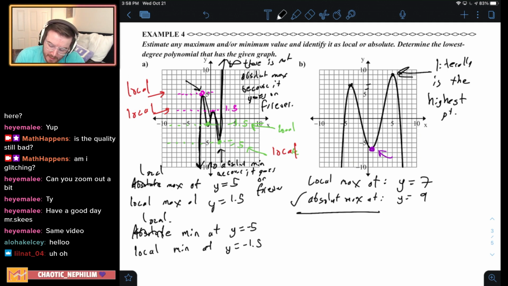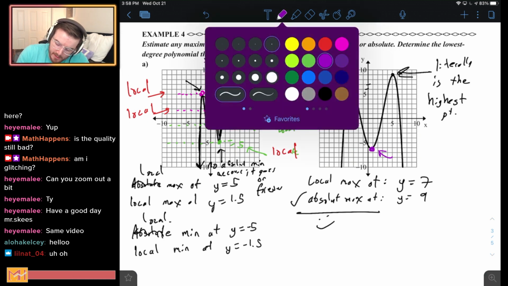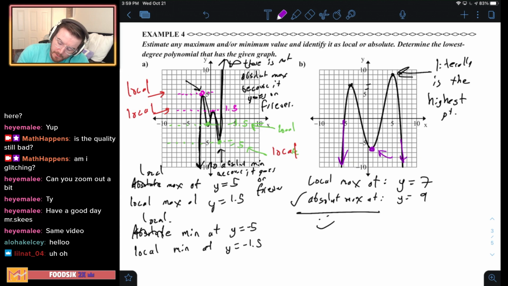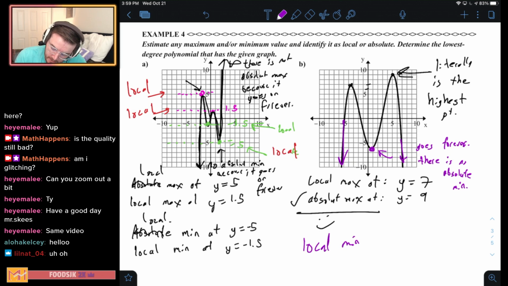So that definitely is the absolute max. But as I just said, this is going to go down forever. There is no absolute min. So with that being said, there is a local min at y equals -6. Wow. Glad I caught that.